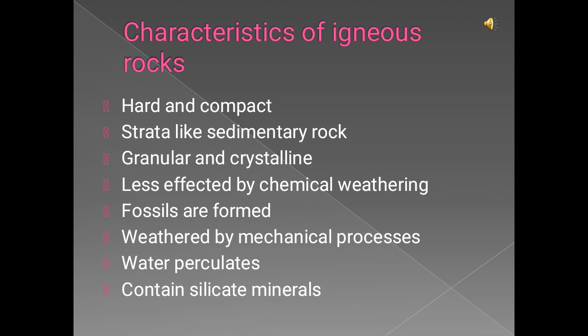These rocks are less affected by chemical weathering. They are so hard that chemical weathering has no impact upon them. They do not have fossils or traces of plants and animals. Why? Because they are of lava origin. If any plant or animal comes in contact during the formation time, it will get burnt down to ashes.